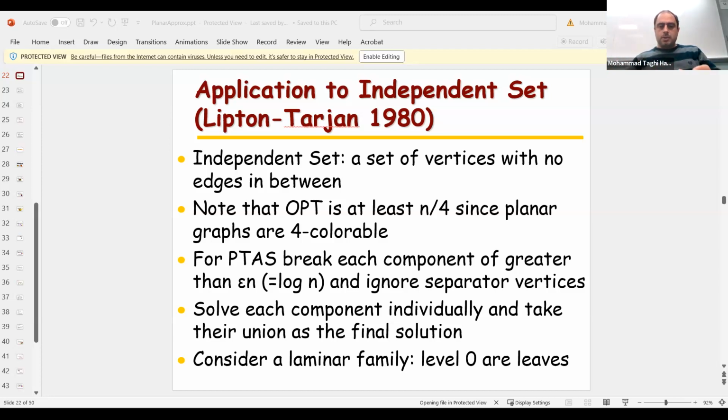So we talk about this bidimensionality theory as a general approach that you can get lots of results from, both structural results and approximation algorithms, generally 1 plus epsilon approximation, as well as fixed parameter algorithms.